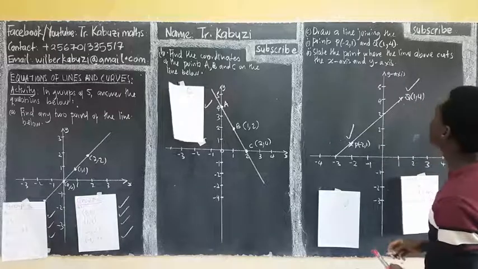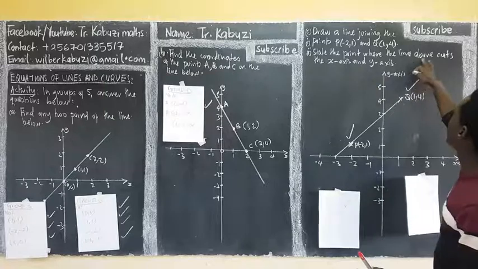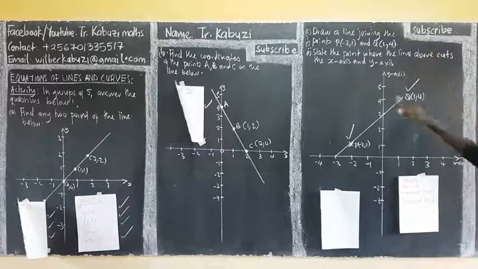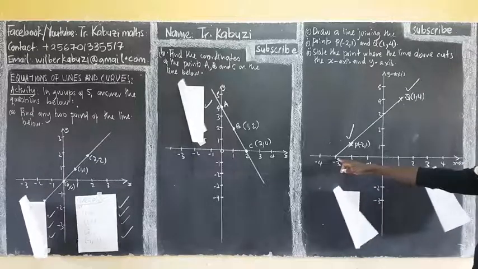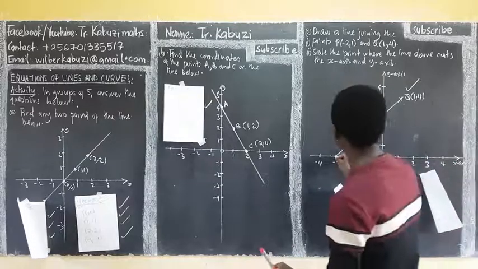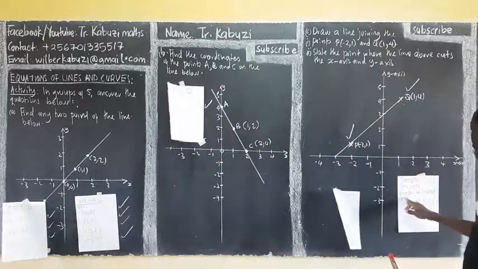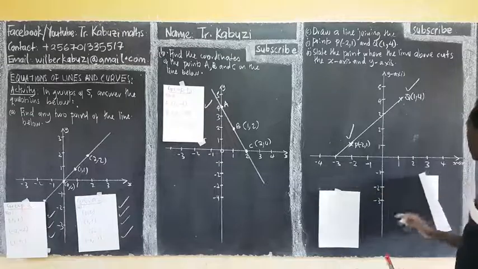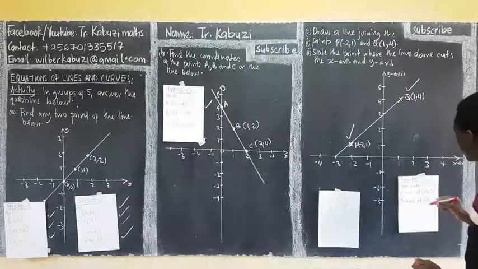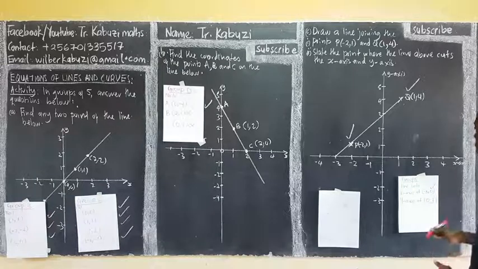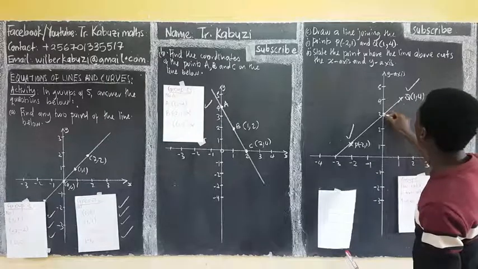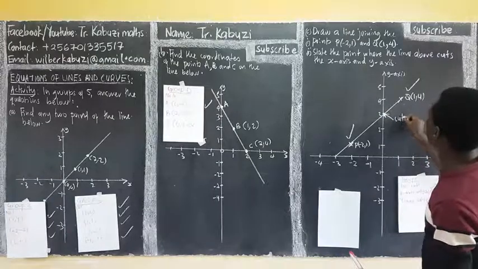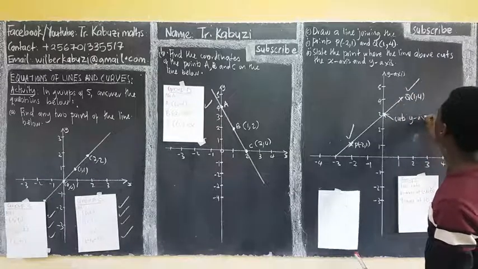So then part B, the points where the line above cuts the x-axis. Where is our x-axis? This is our x-axis. Where does this line cut it? So you see, this is where it cuts it. So at this point, the line cuts the x-axis at negative 3, 0, which is very okay. Then the y-axis at 0, 3, which is okay. So here you can see that it cuts the y-axis.